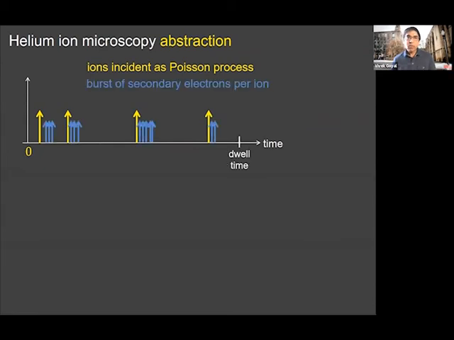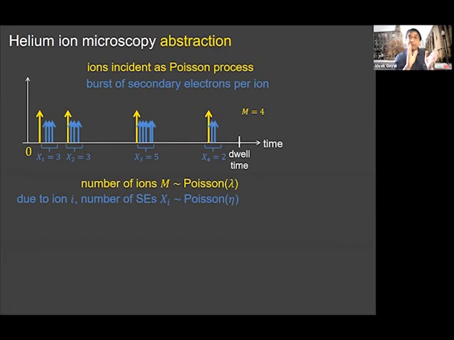And we model that each incident ion produces a burst of secondary electrons. There's some kind of fixed dwell time, and in that dwell time, because of the Poisson process model for the incident ions, we have a Poisson distributed number of incident ions, which we call M.